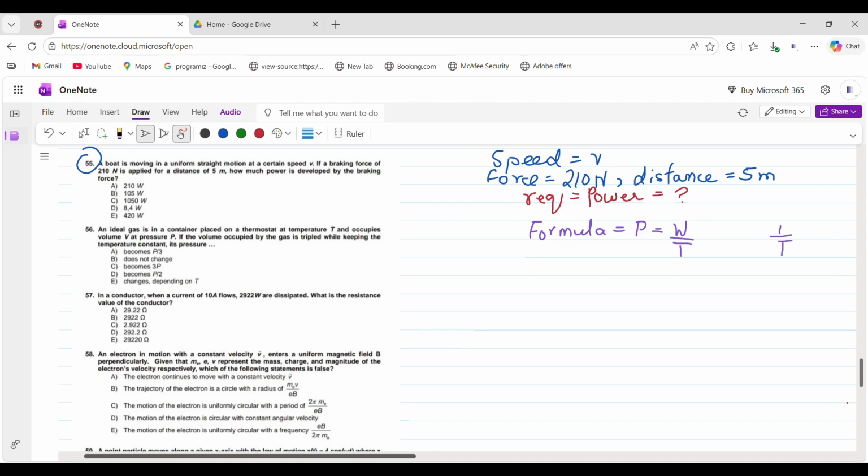Your factor is divided by time. So time is in the denominator and work is in the numerator. So we have gotten our formula for finding the power, which is work per unit time. Power is basically rate of change of work, right?